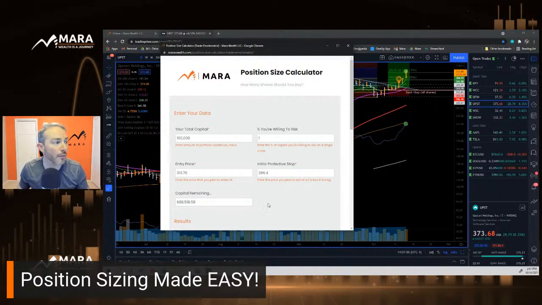So far, it's telling you that you have $88,500 remaining from what you started with if you go in with this size.